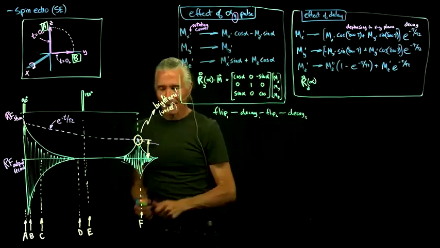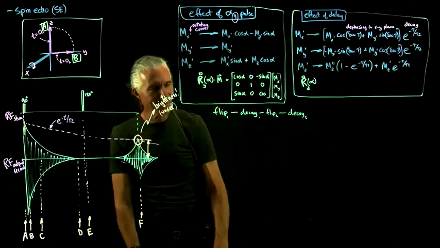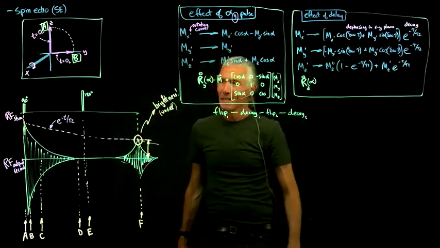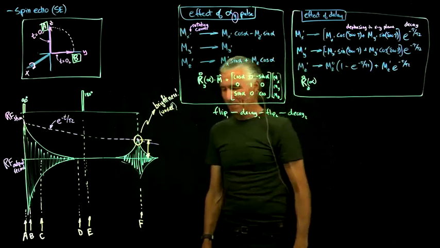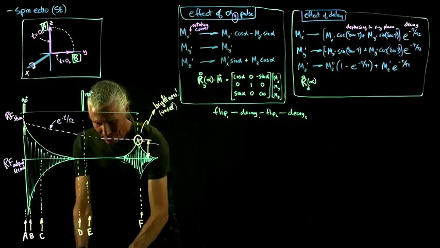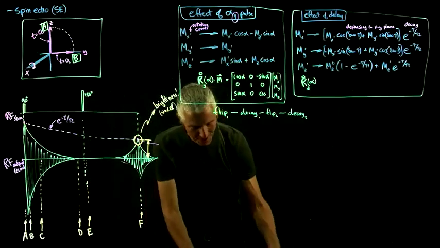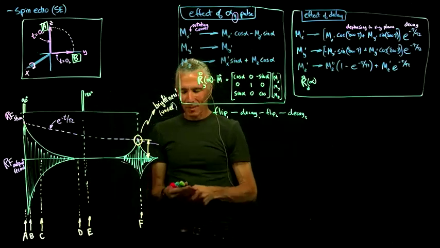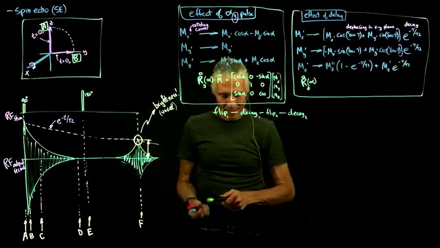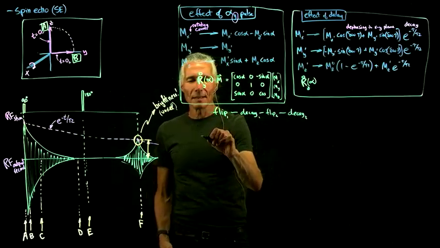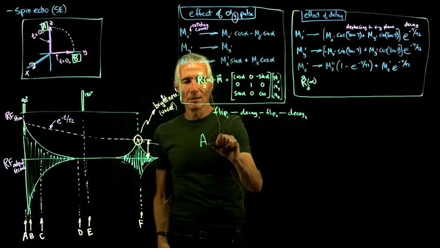If you do that, you just end up with a forest of sines and cosines and a huge mess. But luckily, a lot of the sines and cosines cancel out, so let's just look at the bottom line. The first bottom line is the amplitude of the echo.